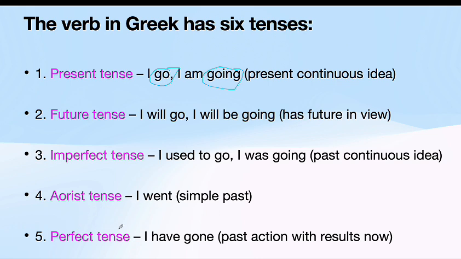Perfect tense. I have gone, a past action with results now. And you have pluperfect, the pluperfect tense. You will check this in your lesson handout. So there are 6 Greek tenses: the present tense, future tense, imperfect tense, aorist tense, perfect tense, and pluperfect tense.